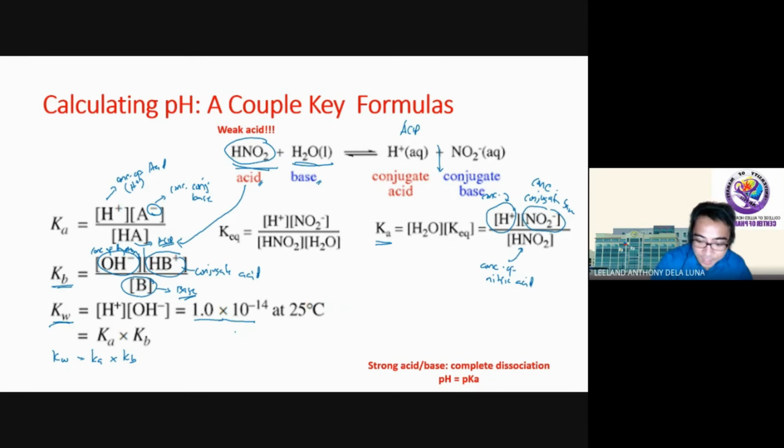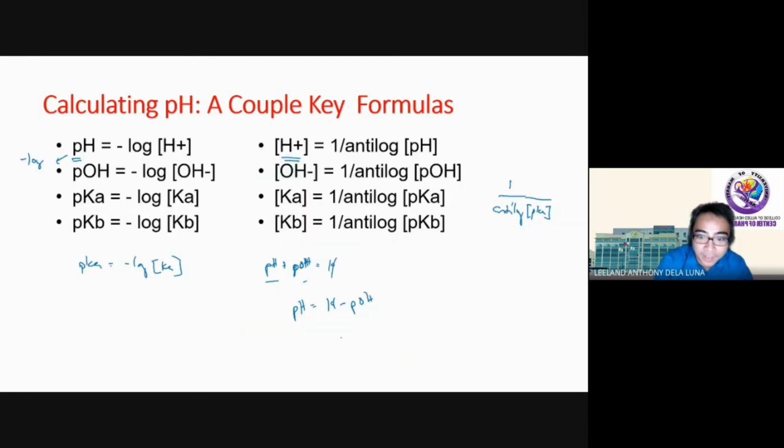So, di ba pH plus pOH is equal to 14. Dito naman, Ka times Kb is equivalent to 1 times 10 to the negative 14. Okay? Pero multiply yan, ha? So, are we good?